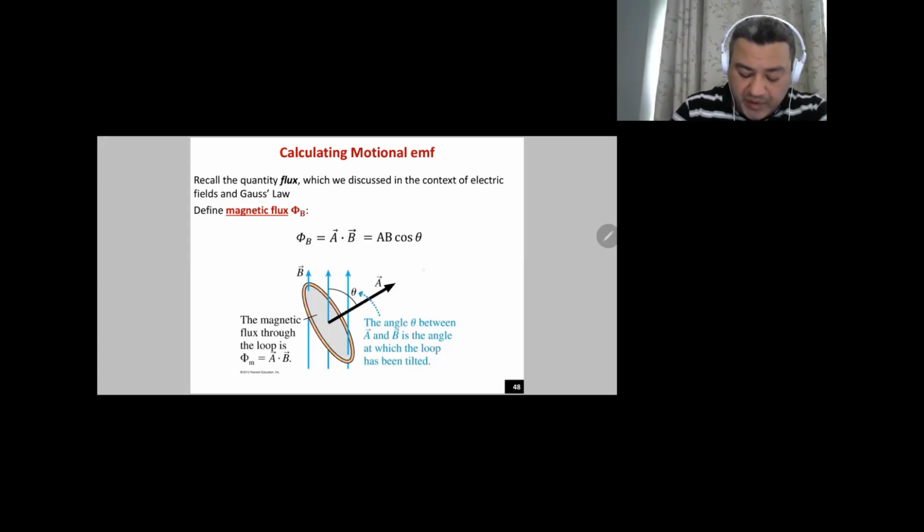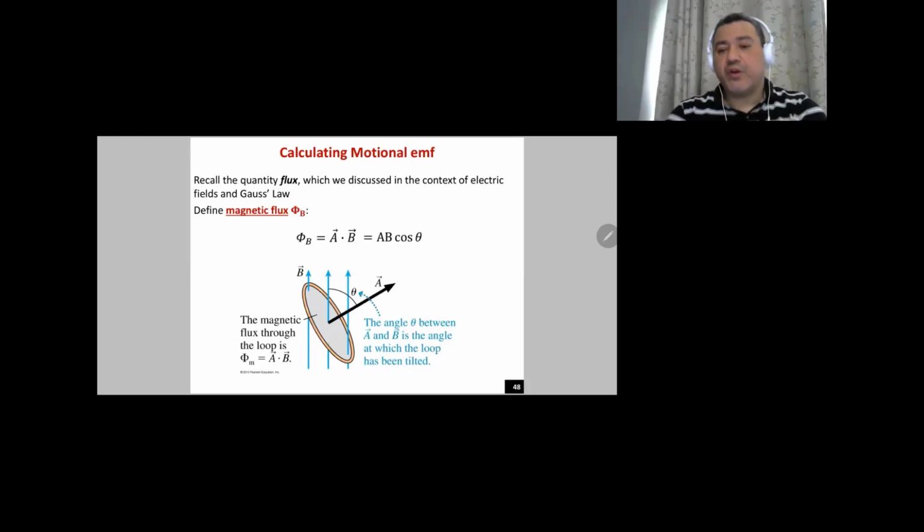If you want to calculate the flux, it will be the magnitude of both times the cosine theta, basically between the normal unit vector on the loop and the magnetic field. So this is how we calculate the magnetic flux.